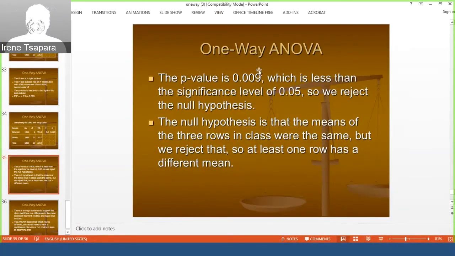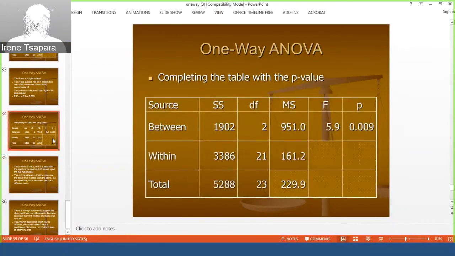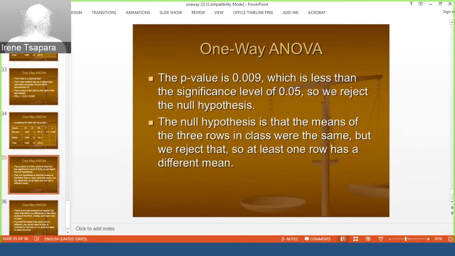The p-value, you compare it with the significance level. We assume that at the beginning, when we start the problem, we assume a significance level of 0.05. So the test is exactly the same. We consider the p-value that corresponds to the critical value 5.9 of the F distribution, and we compare that with 0.05.